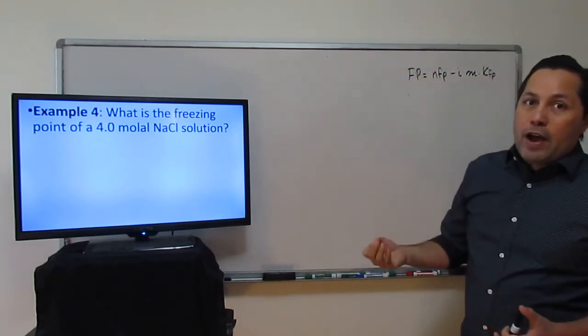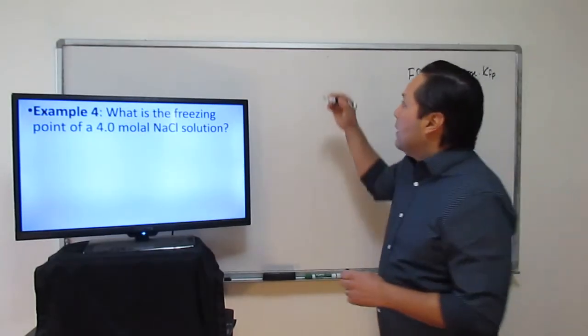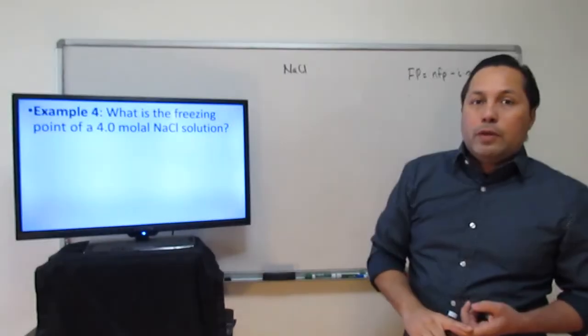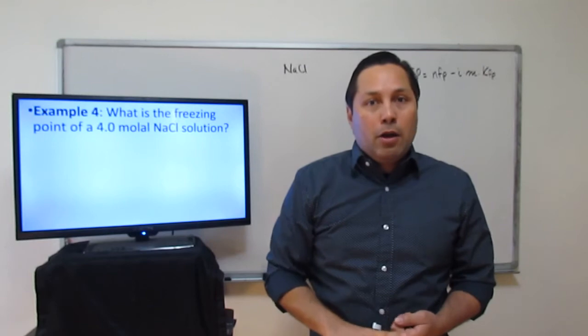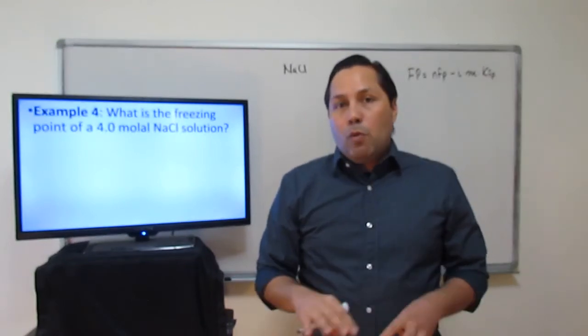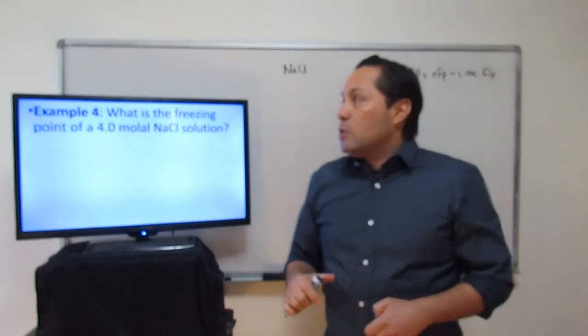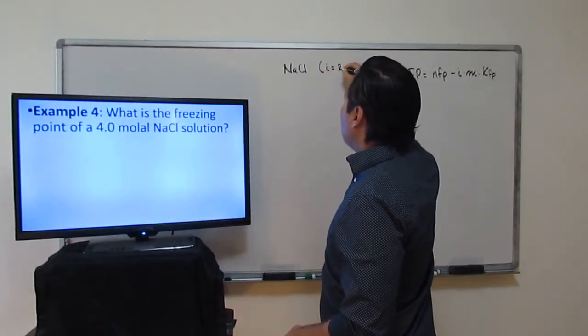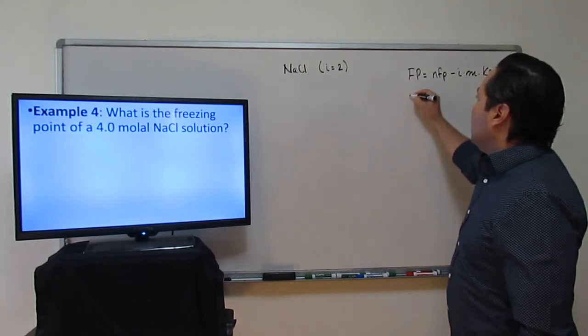The Van't Hoff factor for NaCl, let's take a moment to talk about it. Na is a metal, Cl chlorine is a nonmetal, so it's an ionic bond between them. So when you put them in water, they will ionize, they will separate. So it's going to dissociate into two parts, one Na, one Cl, so our i equals 2. So now I'm going to plug it in here.